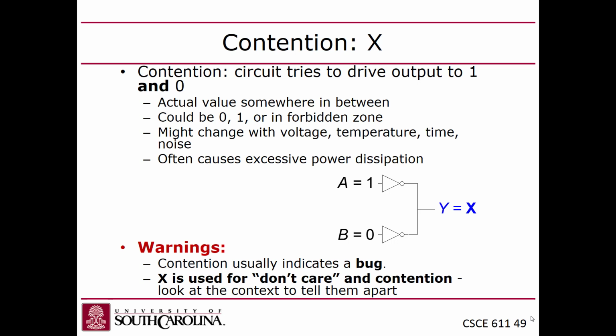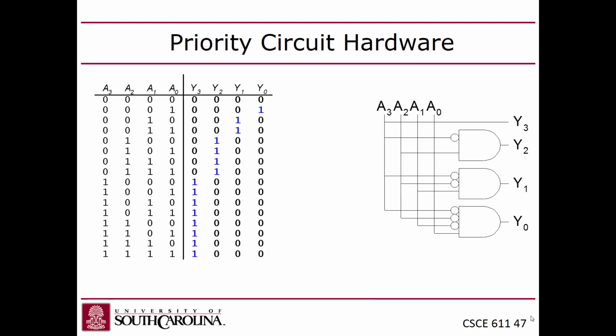The most serious one, the one that causes the most issues, is contention, where whenever you have a signal, notice, by the way, you have these input values that are fanned out. This A3, for instance, is connected to this output, it's connected to this gate, it's connected to that gate, it's connected to that gate, right?